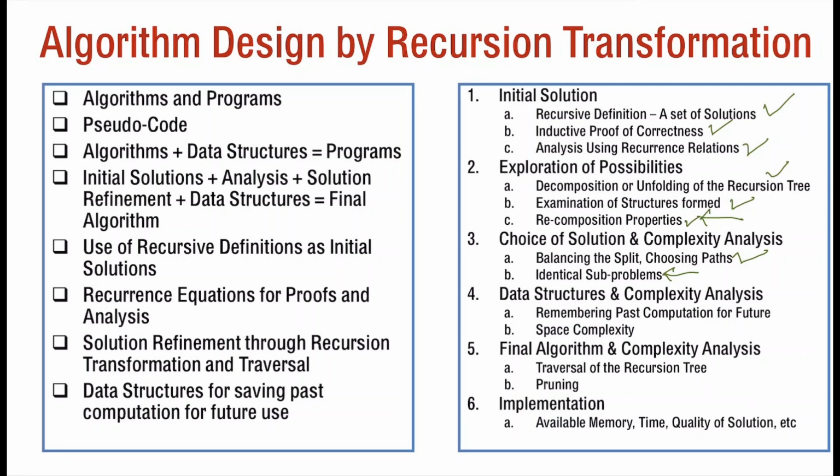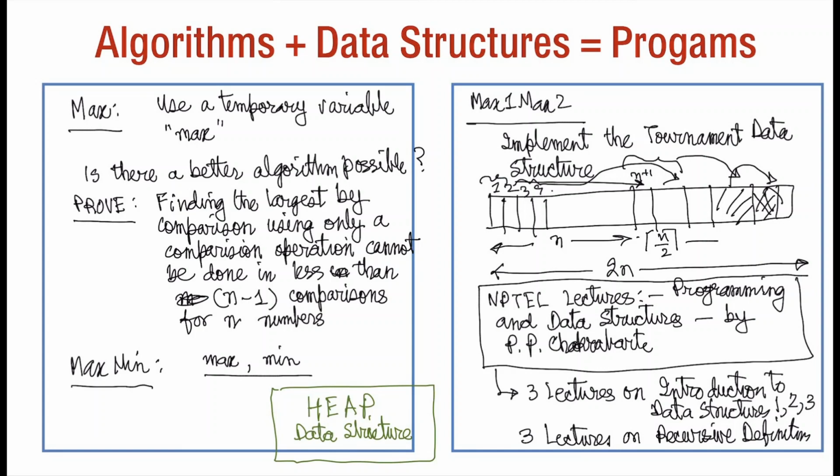Then we saw how to remember past computation for future use, and we saw one example of this, the tournament data structure. We have seen the space complexity. For max, the space required is only one additional temporary variable.